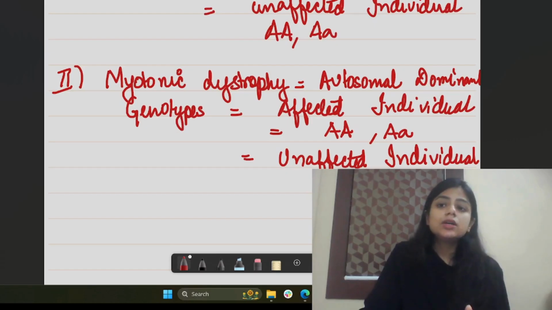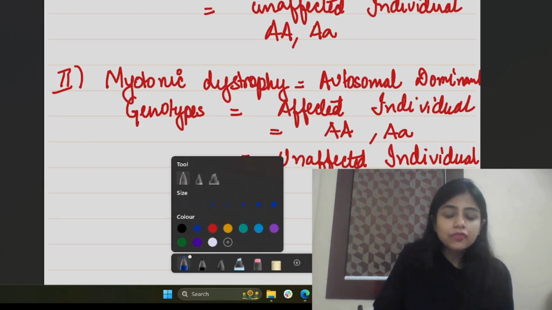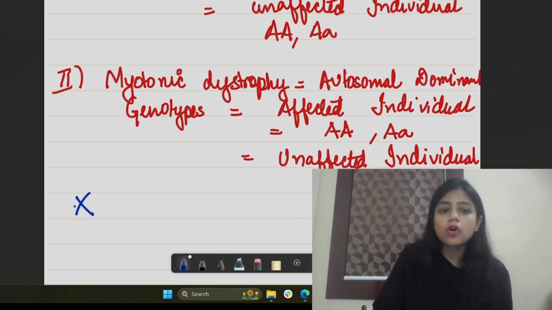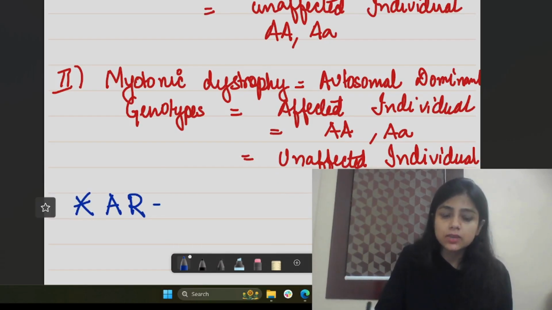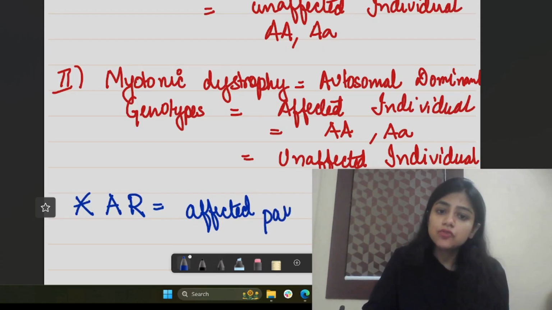Now students, there is a catch. What is the catch? Let's see. Whenever you are talking about autosomal recessive, always remember that an affected parent will not have a normal child.